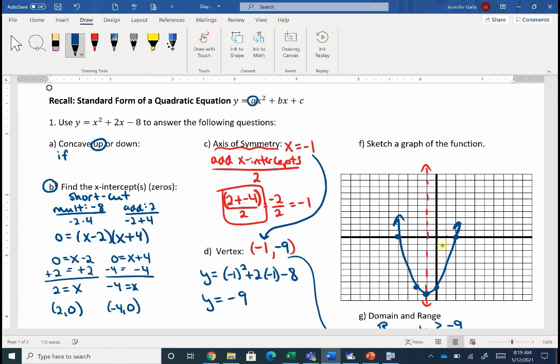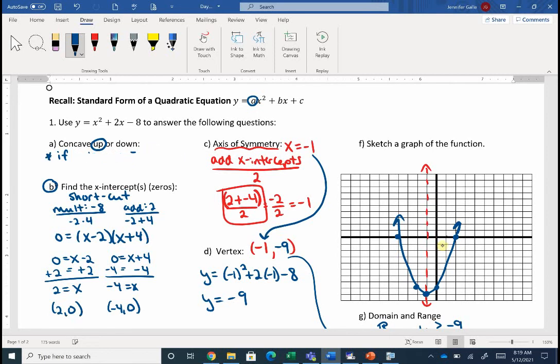So if A is negative, that equals a reflection. If A is negative, actually, you know what? Let's put that up here. Sorry, guys.